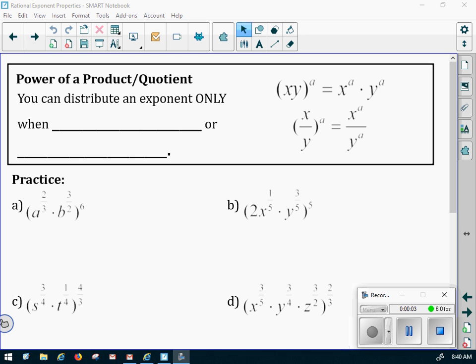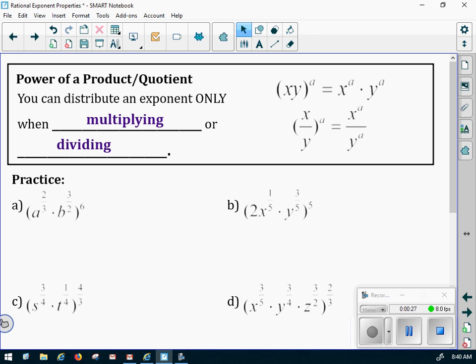Power of a product or quotient. All right, you can distribute an exponent only when multiplying or dividing. Multiplying or dividing. This is stuff we have already done.